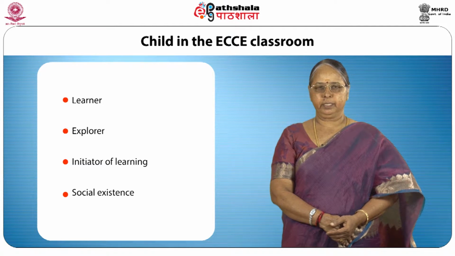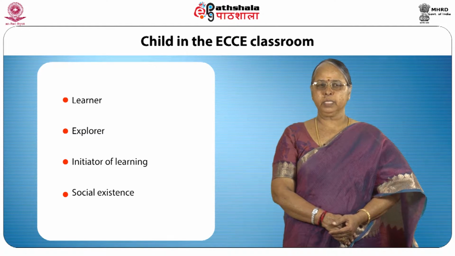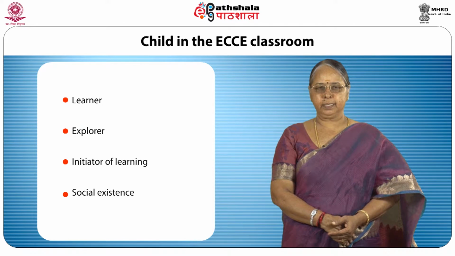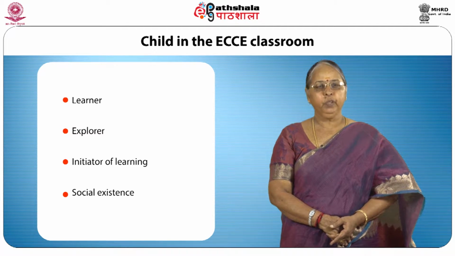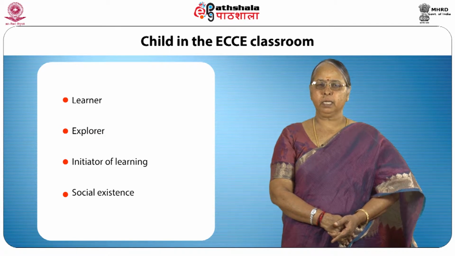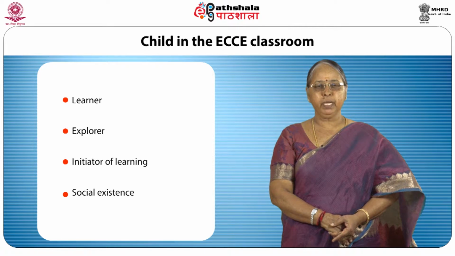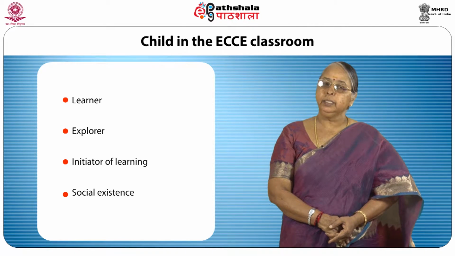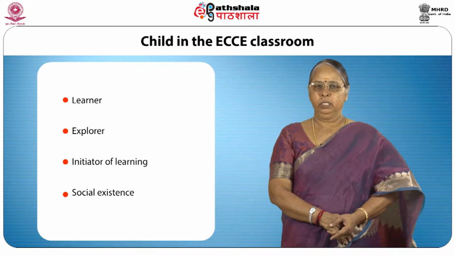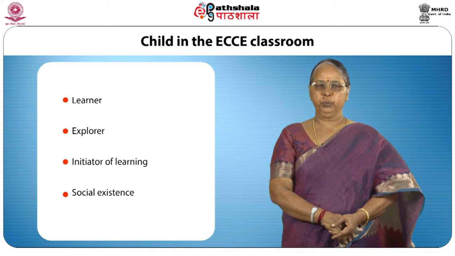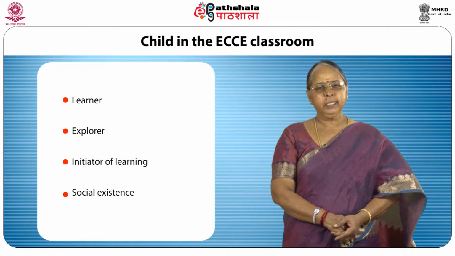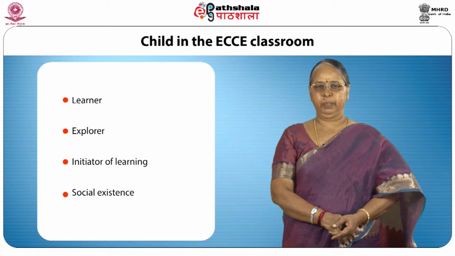Social existence. Every classroom is a model of a social existence. It is here where many learners come together to gather ideas of the world. A child develops theories of mind in relation to other social existence. Social development roots to emotional development and in turn connects to cognitive development.